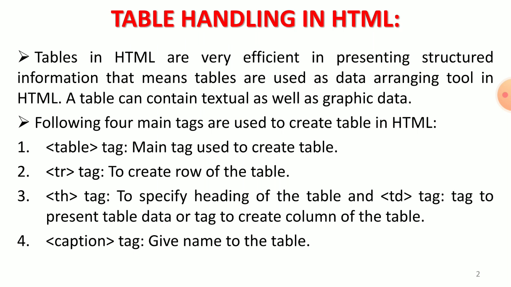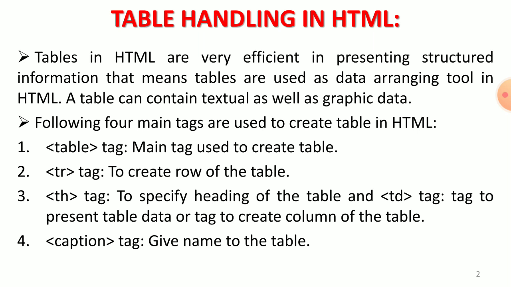A table can contain textual as well as graphic data. The following four main tags are used to create a table in HTML. First is the table tag, second is the tr tag, third is the th tag and td tag, and fourth is the caption tag.